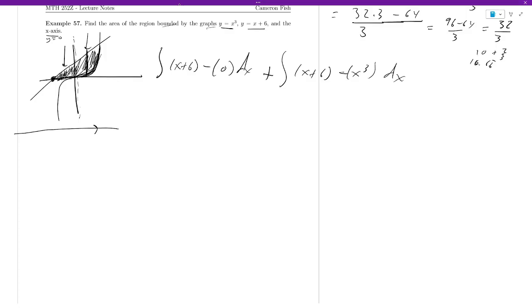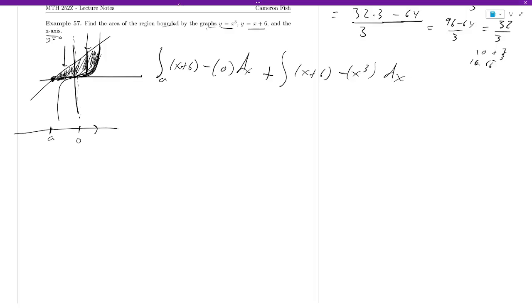Okay, so the only thing really left to do here is figure out the bounds. Sometimes it's a little bit tricky, but we can just think as we go from left to right. First we hit this point, which I'll call a for a second. That's the beginning, the first place of intersection. And then we hit 0 here.